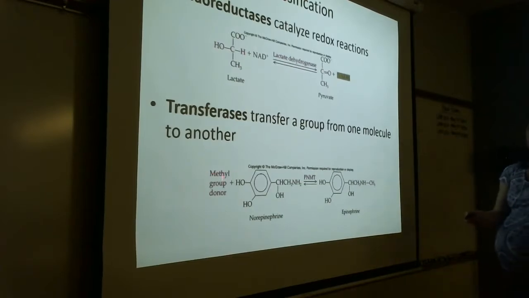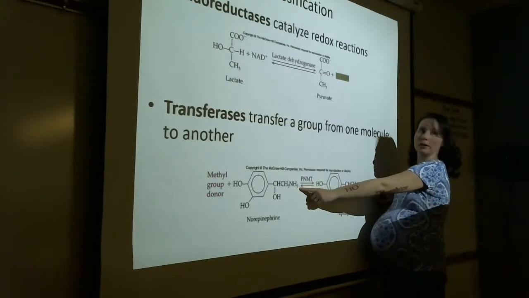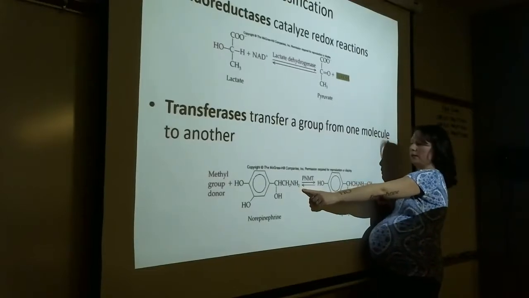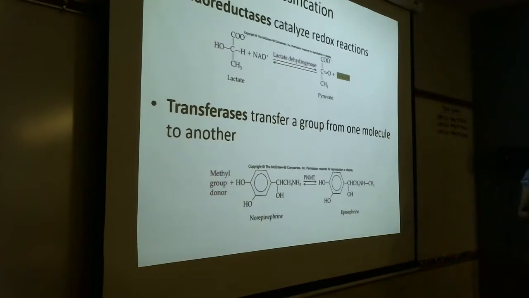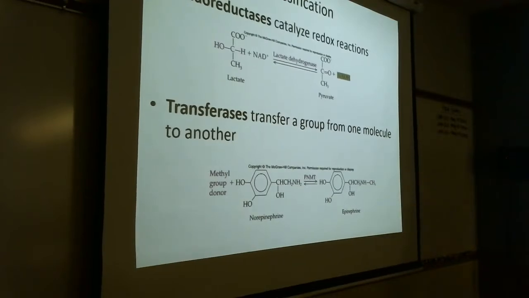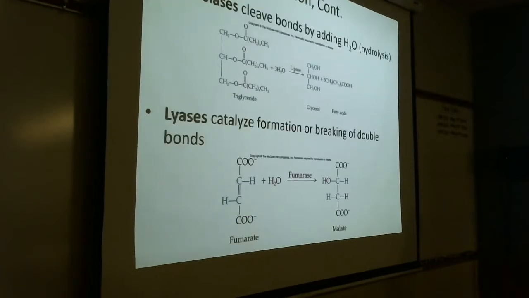So you've got some sort of donor of a methyl group, and now you've stuck it on the end right here. Right? So you've added that functional group, transferase. Makes sense. That's just a figure from another textbook.